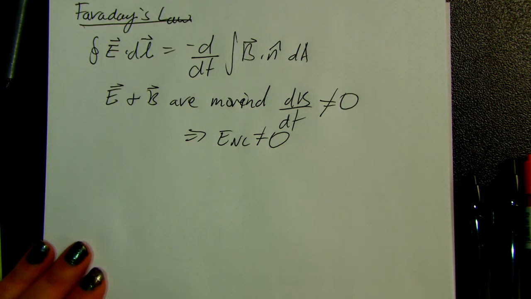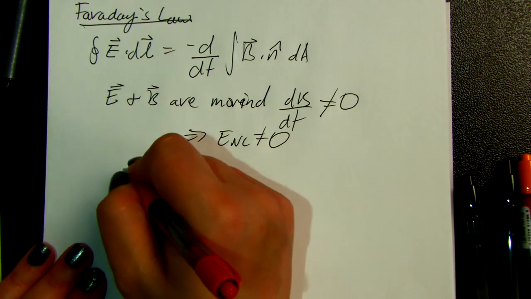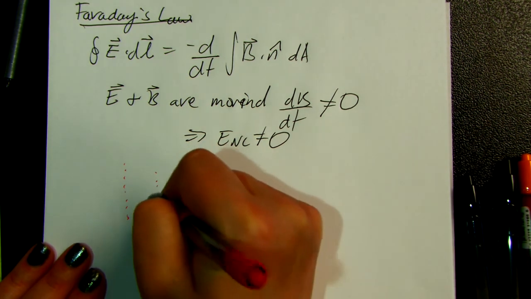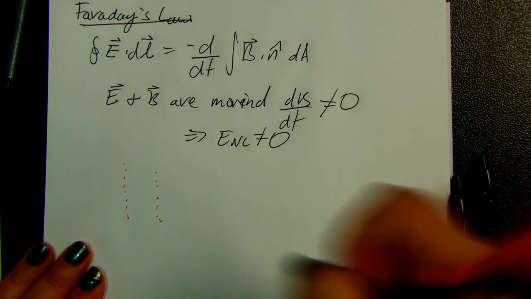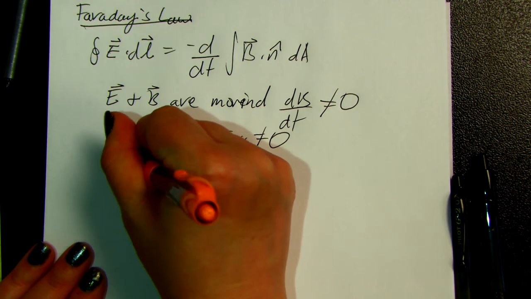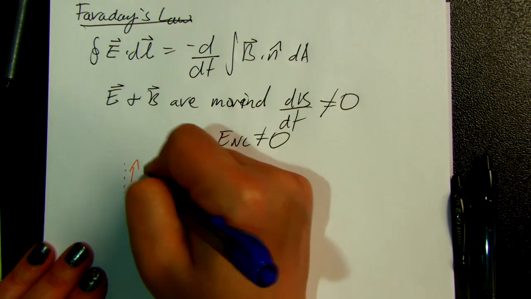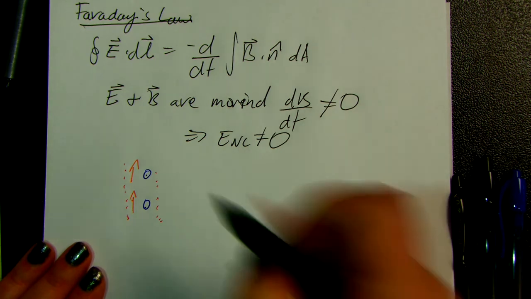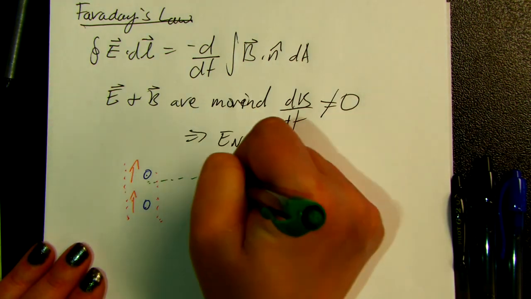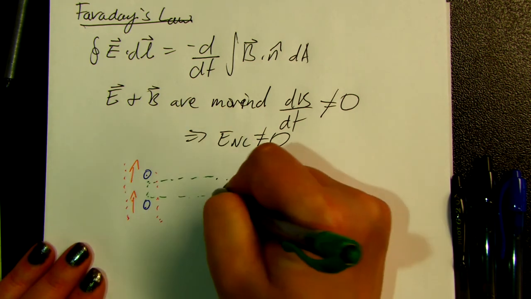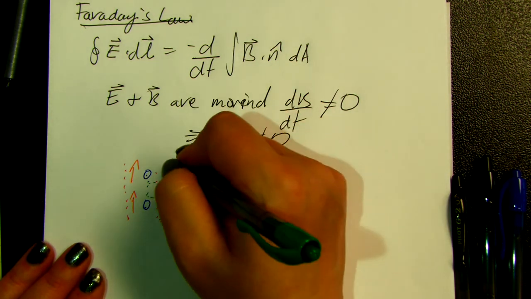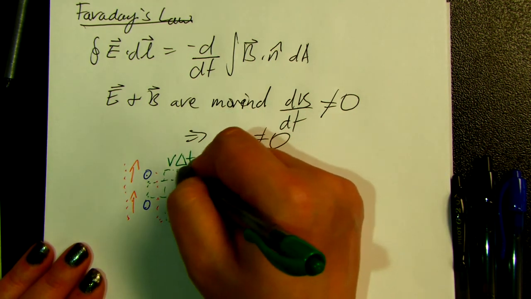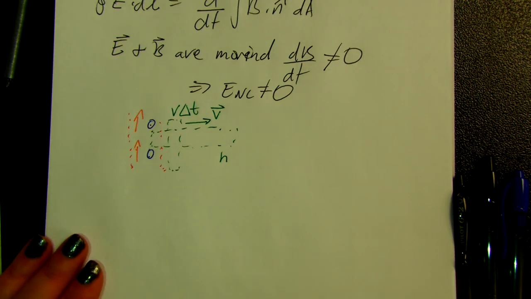So essentially what we've got is our electric field, our magnetic field, and then it's moving, so some h, it'll go some distance v delta t. I've got our v here. So that's what we're looking at in all of my artistic glory.